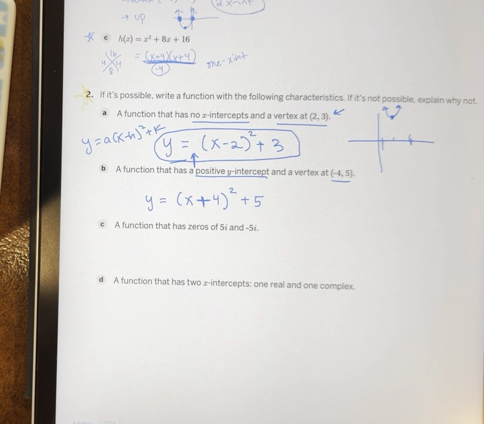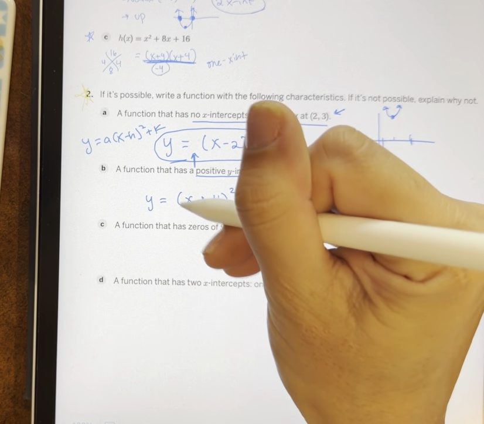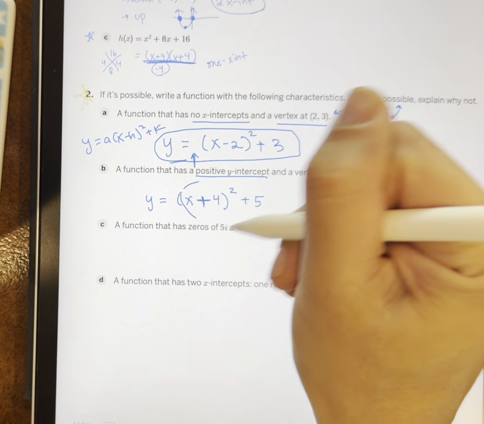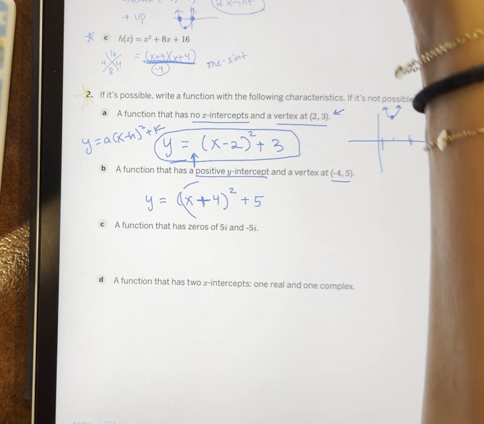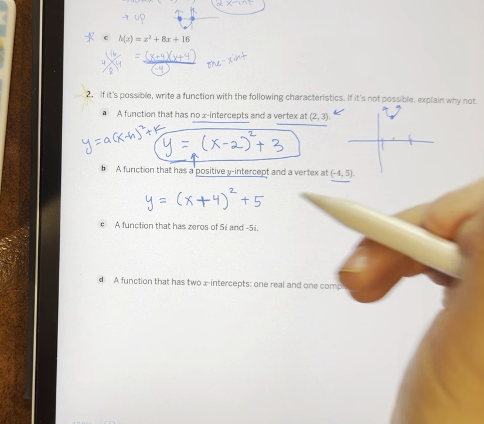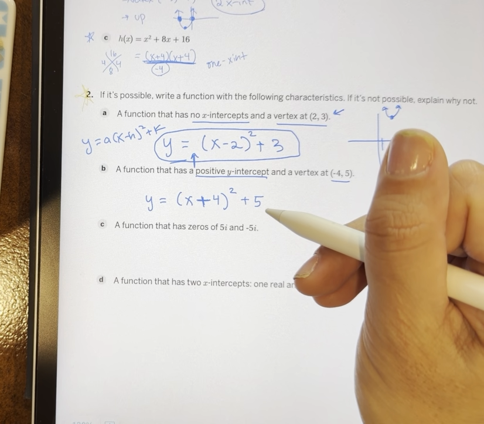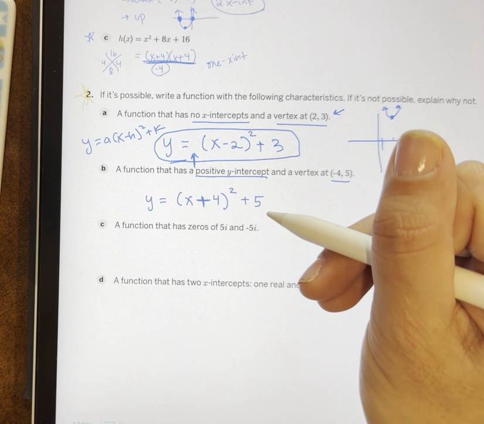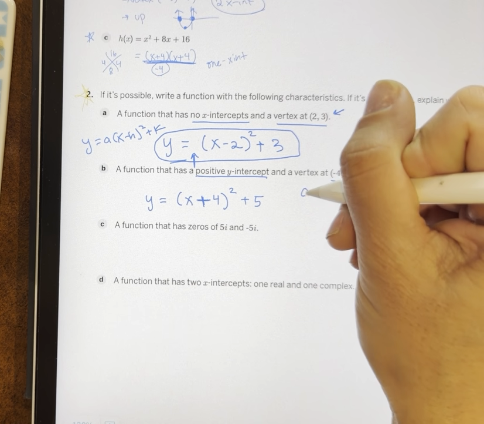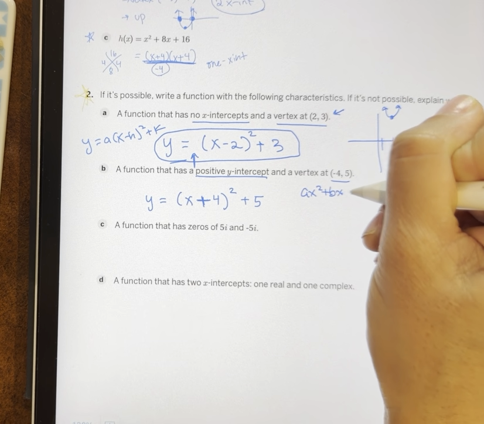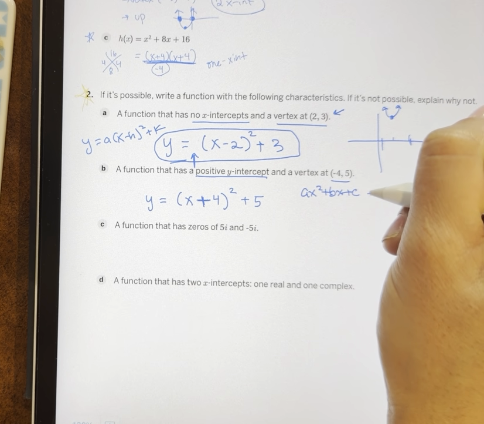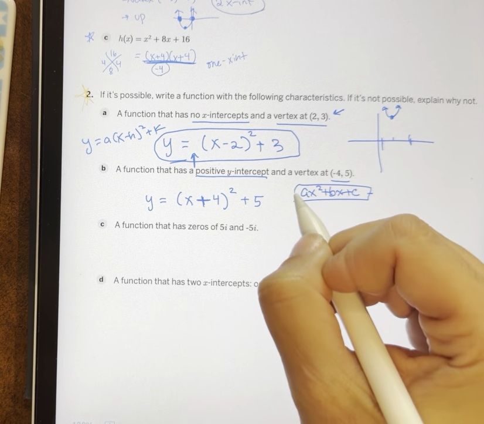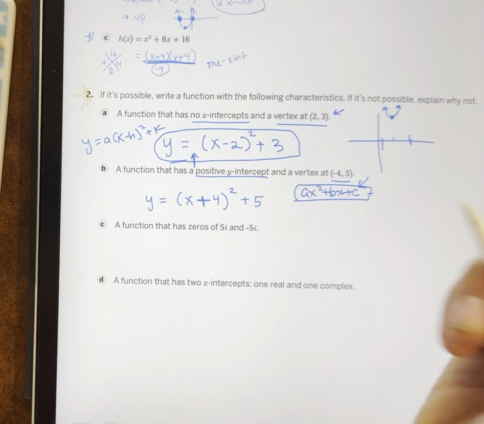I think so. You want to know how I know? If I multiply this out with all these positive numbers going on, what I multiply out will have all positives. And then if I add a 5 to it, it'll still be all positives in standard form. So that means that the ax squared plus bx plus c, which is standard form, will have all positive numbers, and that's going to be the y-intercept.